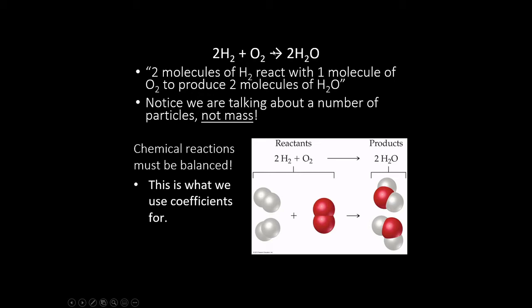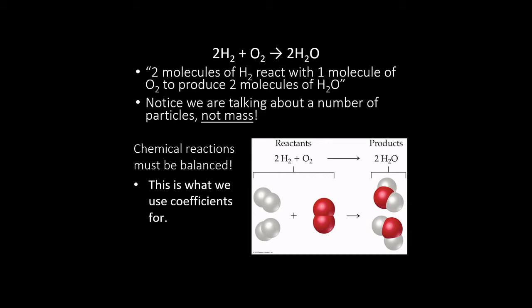The technical term is the reaction coordinate, but that's not used quite as often. Essentially, it's just the arrow here separating the reactants from the products. The stuff that we have on the reactant side needs to be exactly the same as the stuff on the product side, just rearranged, essentially. But the number and type of particles must be the same on both sides.